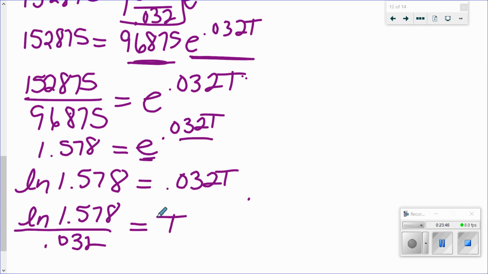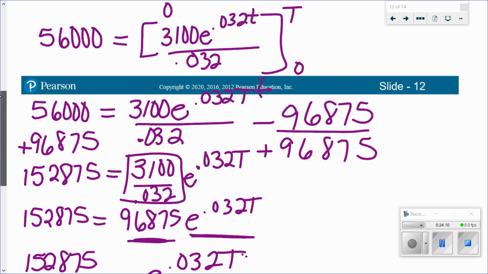And that will be t. So let's see what that is. The natural log of 1.578 divided by 0.032. Okay, so t is 14.25. So it's going to be in 14.25 years.